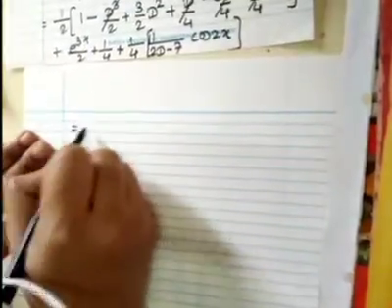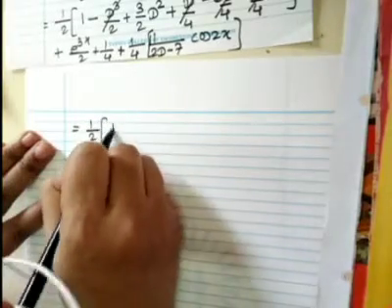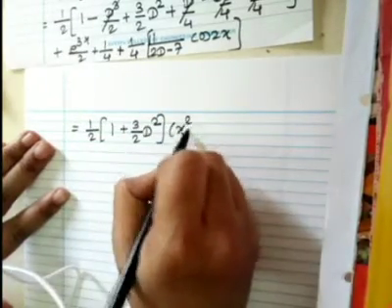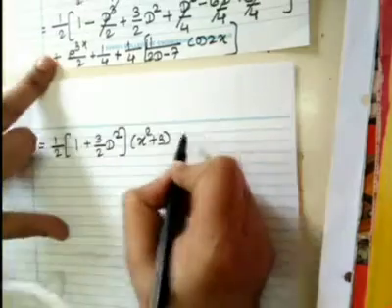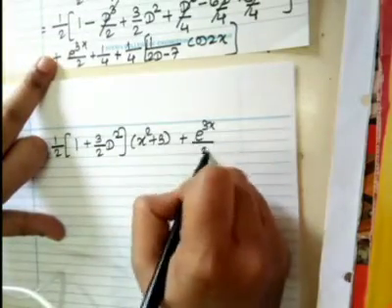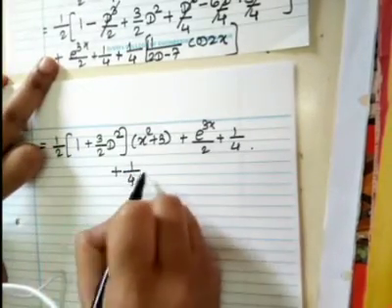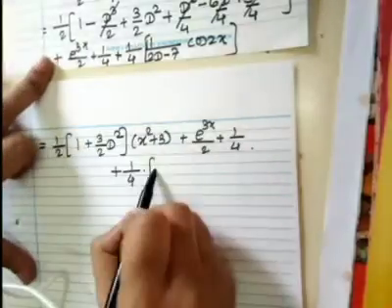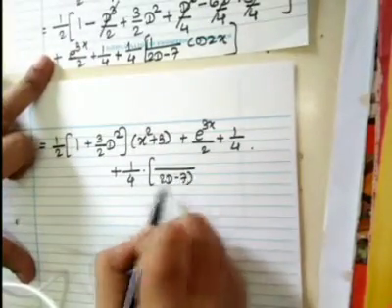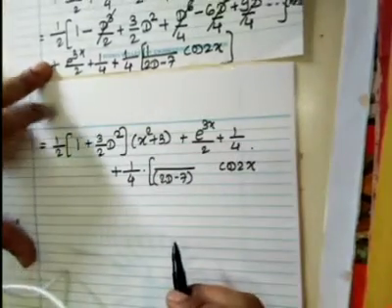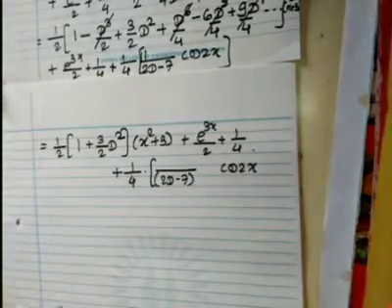So the terms only will be there are 1 by 2, 1 plus 3 by 2 d square, and all other cancelled, into x square plus 3, plus this is as it is, e raised to 3x by 2 plus 1 by 4 plus 1 by 4 into 2d minus 7 into cos 2x. What to do? What should we do here?